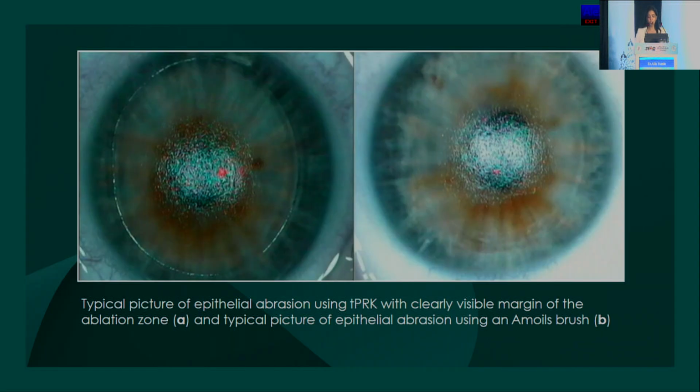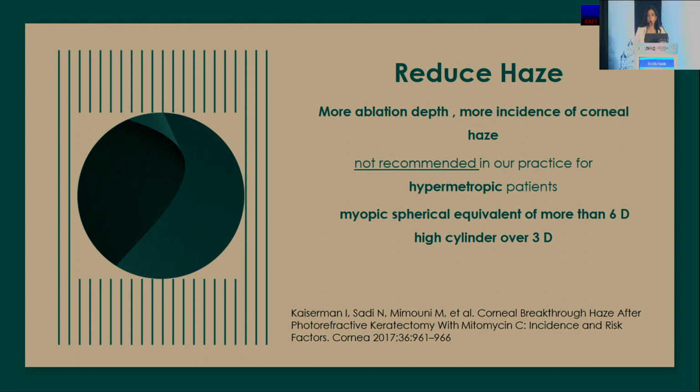So here we see a typical picture of epithelial abrasion using trans-PRK in the first picture, where we can see a clear visible margin, in contrast to a Moyles brush, where we cannot even see the margin and it is more irregular.